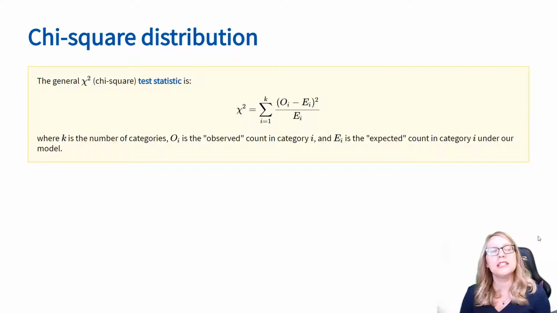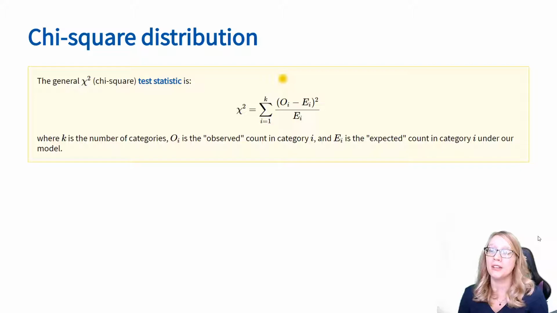Now here's the test statistic that we'll use to help us evaluate this test. It's referred to as a chi-square test statistic. The basic idea is that we'll take the number of categories K. For each category, we'll calculate an expected count, what we would expect to get if there was no relationship or no association between the variables.